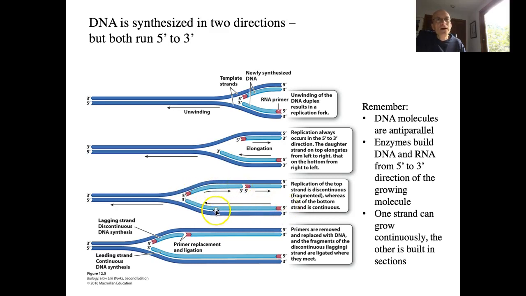So you have one continuously growing and one so-called discontinuously growing strand. It starts here, continues to grow, but then you start anew from over here and continue to grow until you reach the piece of new DNA that was put down already. That is called discontinuous versus continuous growth. So you have the continuous growth on the bottom strand and the discontinuous growth on the top strand.